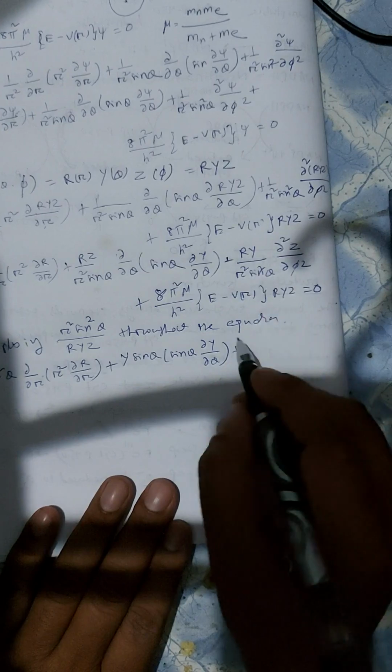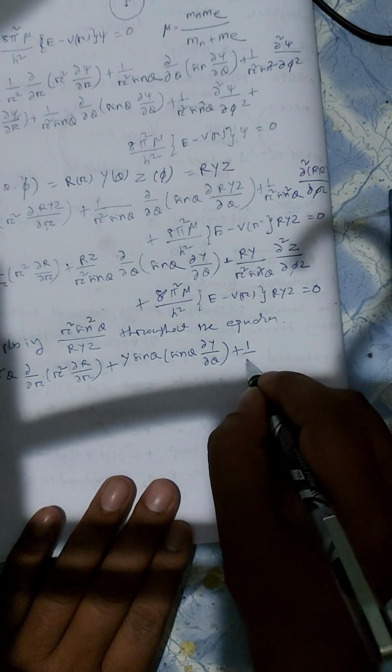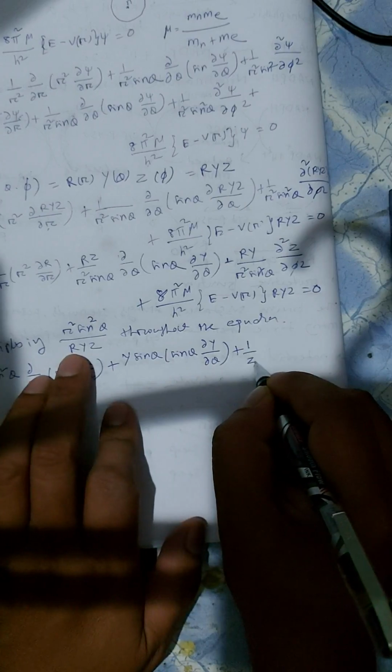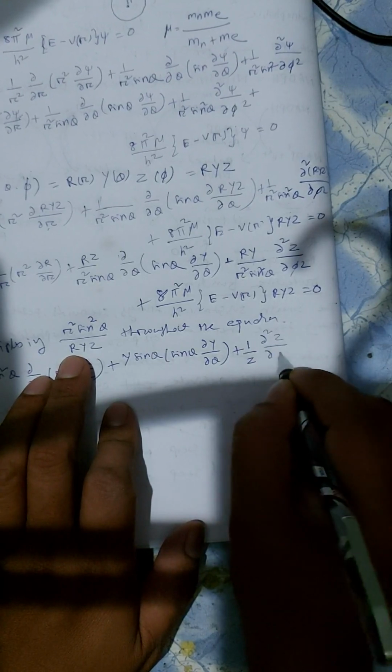RYZ means only Z is remaining, so 1 by Z ∂²Z/∂φ².